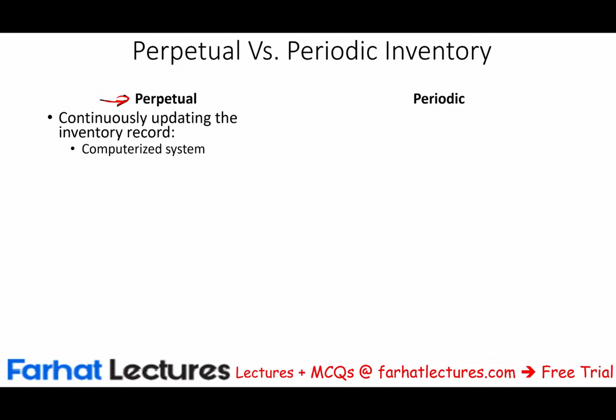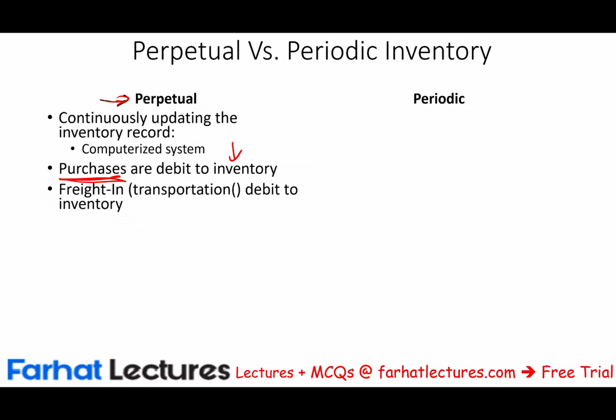When we purchase the inventory, we debit the inventory directly. So when we make a purchase under the perpetual inventory system, we debit the cost of that purchase to an inventory account directly. When we pay for transportation, freight in, we debit to inventory.